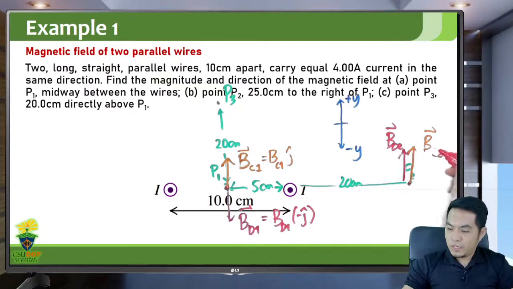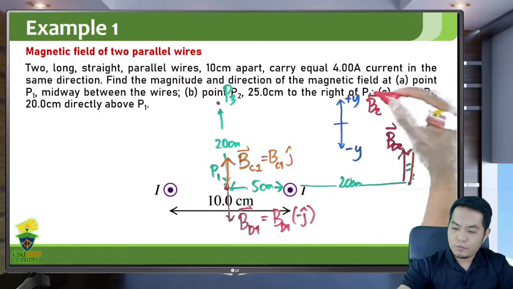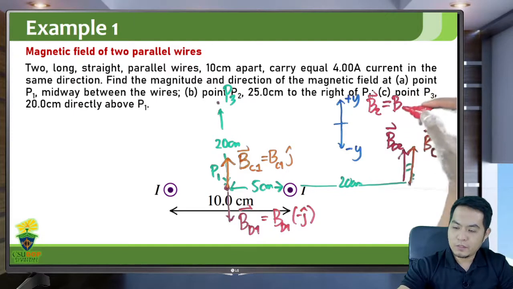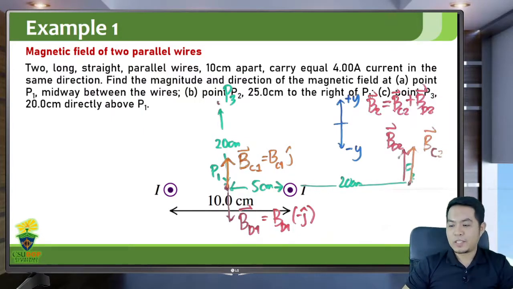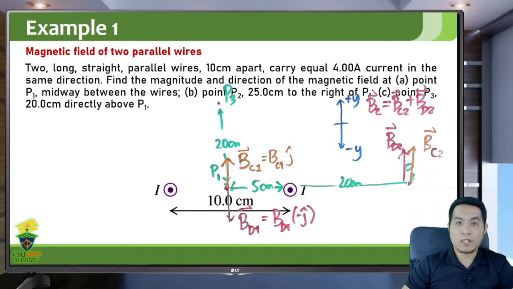So in a similar manner, the magnetic field at point 2 is just the magnetic field due to wire C at point 2 plus the magnetic field due to wire D at point 2. So you just add the two. You already know their directions. The direction is along the positive y-axis, so that's j hat.